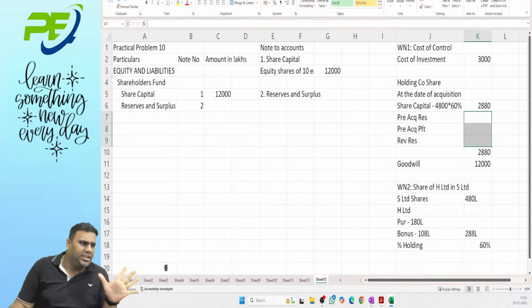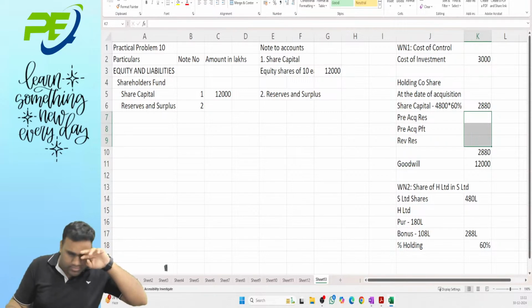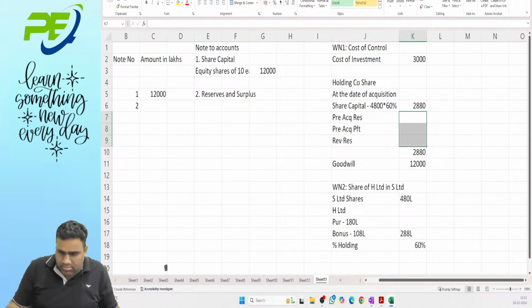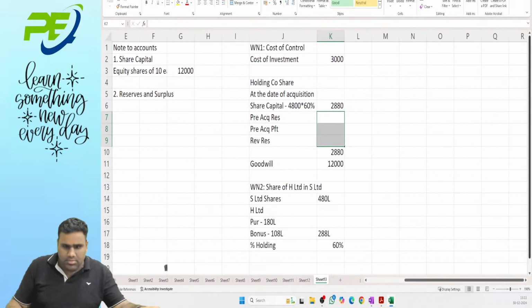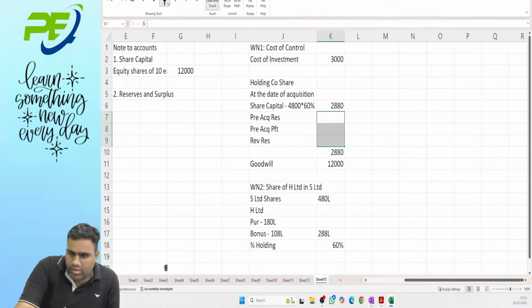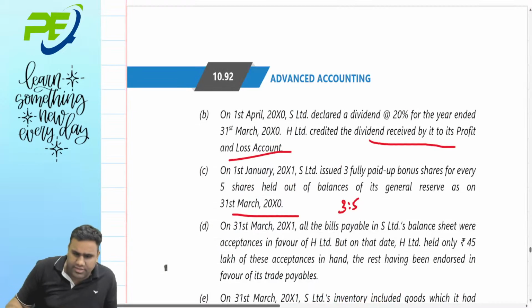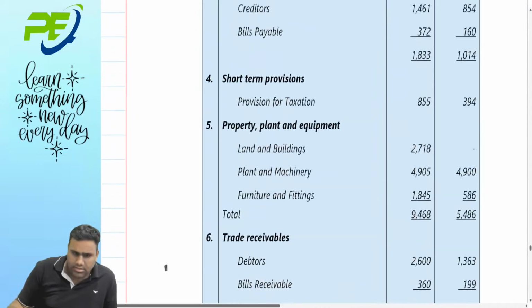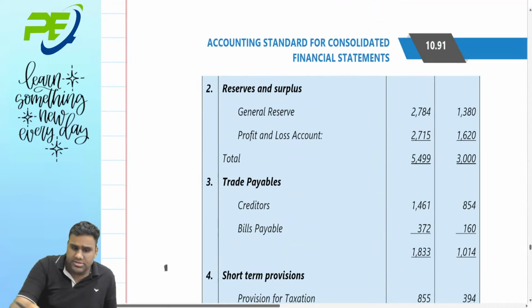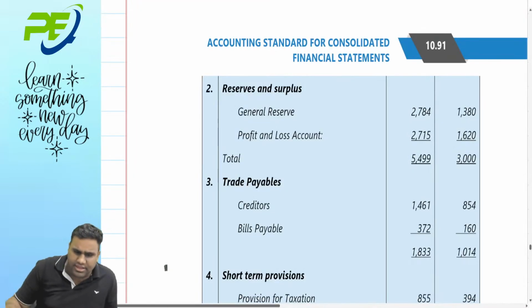Now we have pre-acquisition profits. We have to do that split up. Everyone, shall I begin? So S Limited reserves, balance sheet figure. General reserve, 1,380.